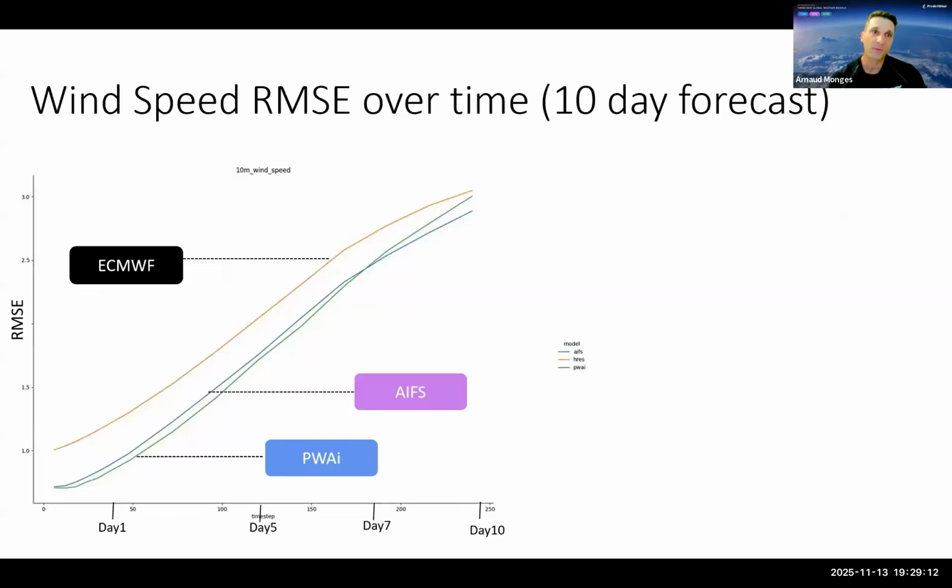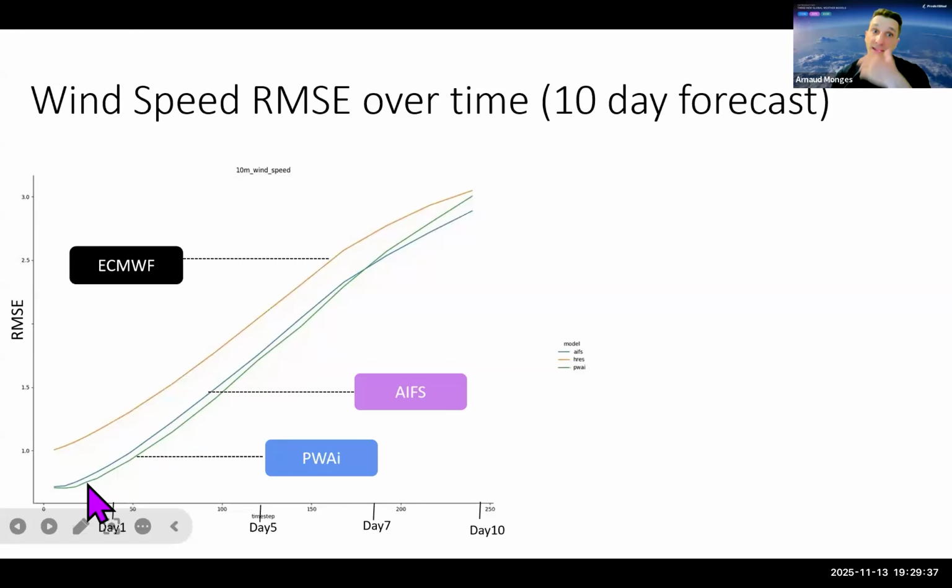So here is a graph that we were very happy to find. This is for the wind speed. The axis is the day of the forecast from day 1 to day 10. And here, this is the error between the model and the reality. So what you see, those two AI models are those two curves that are way below ECMWF.